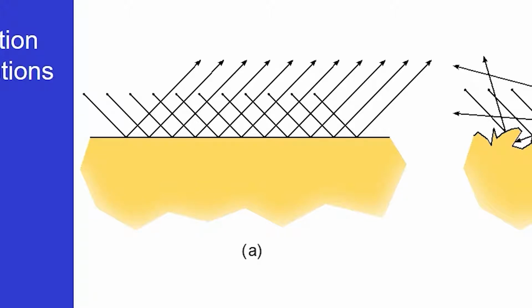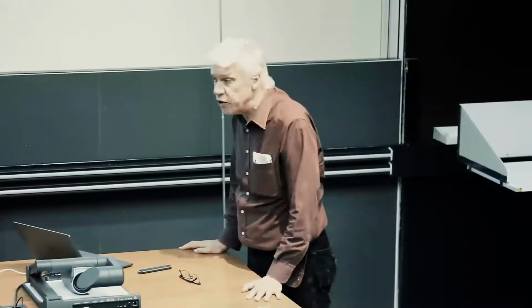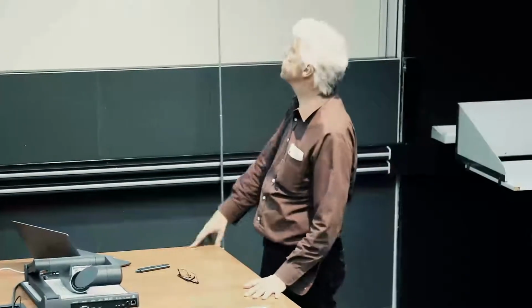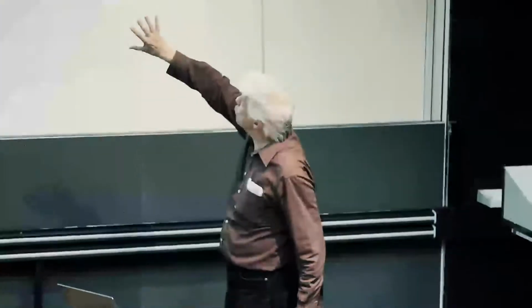That's like mirror behavior, the specular reflection component. This is more like what a real surface would be like in nature, even if flat. And you see that now light is being reflected in all possible directions. That's why we can see these surfaces from wherever we are looking, because there's always some light being reflected towards us by those surfaces. So that's more like the diffuse reflection model.